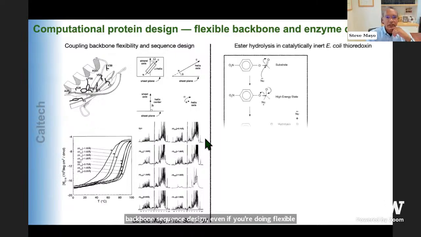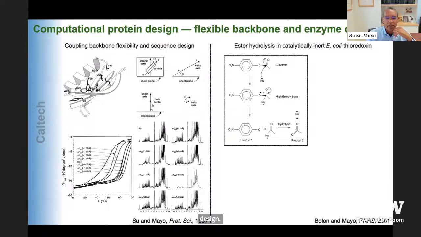And then very briefly, I wanted to just show an example of what we think is probably the first example of a computationally designed enzyme-like protein. This is for ester hydrolysis of this substrate. It goes through some high energy state and then yields product.